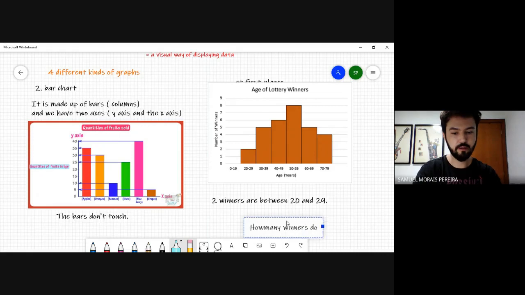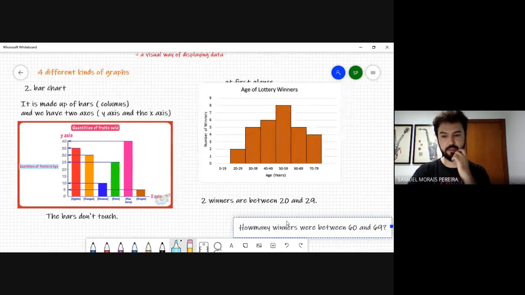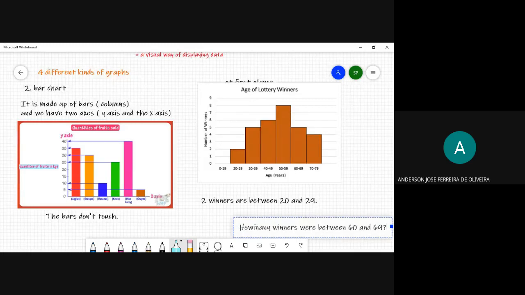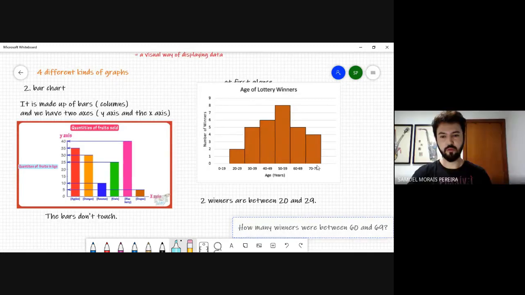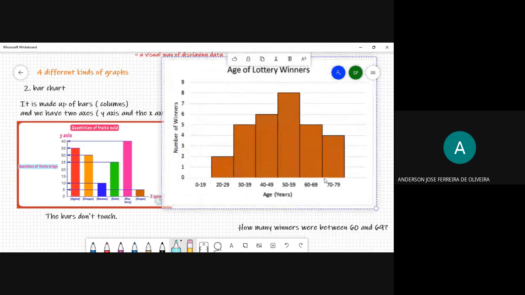Okay, eu vou mudar a pergunta. How many winners tinham between 60 and 69 years old? Aumenta só um pouquinho o gráfico, que o número tá pequenininho para mim. Tá bom, just a moment. Oh, tá bom, agora tá bom.